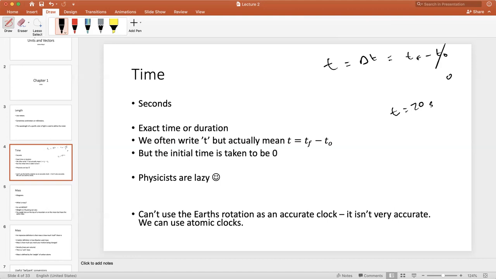And therefore, to get a constant value for a second, what we actually do is we use atomic clocks. And we know that atoms vibrate at a certain speed. And therefore, we can use that speed to give us the duration of a second. And so an atomic clock is highly accurate. Things need to be very accurate because of relativity.